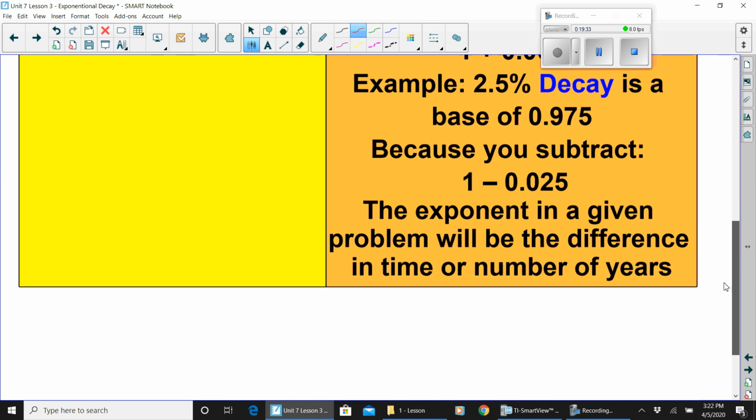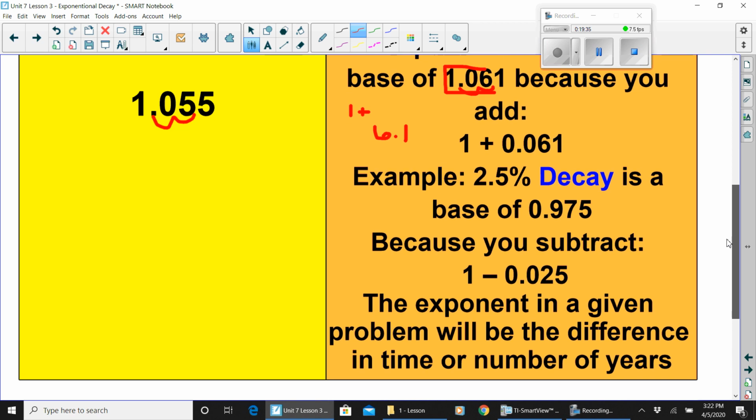And the same thing goes for decay. If this is decay, the base B is 0.975, because you're always subtracting, 1 minus 0.025, and that'll give you 0.975.